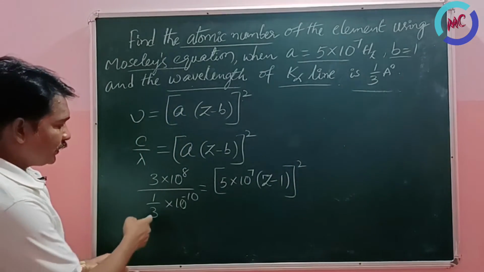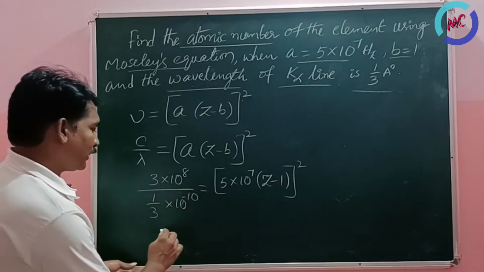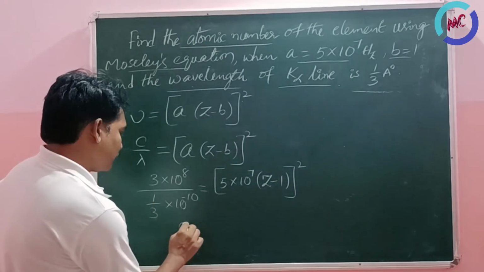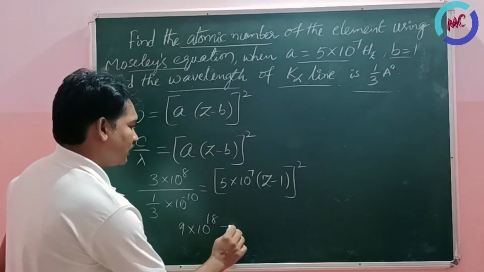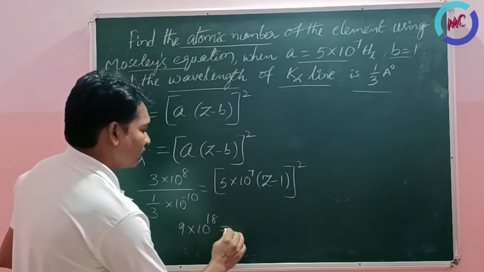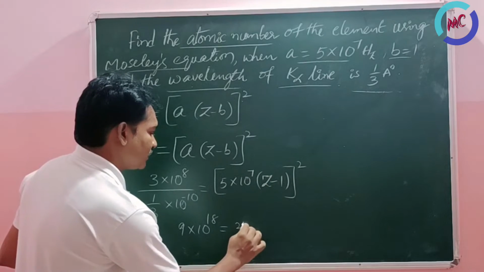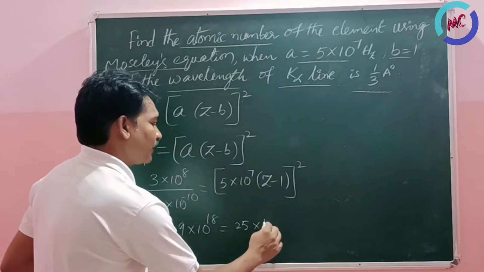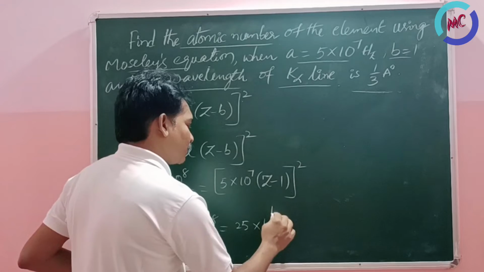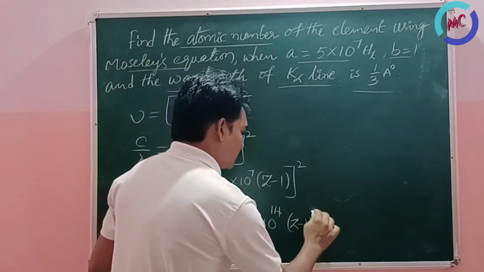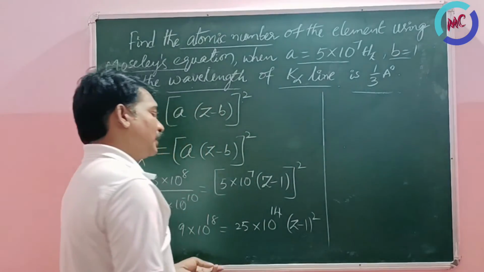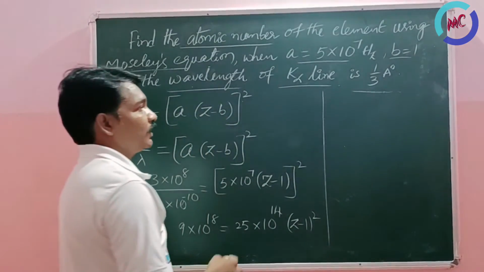If we simplify, we will get 9 into 10 to the power of 18 equal to 5 square, that is 25, into 10 to the power of 14 (7 twos are 14), times (Z minus 1) whole square.